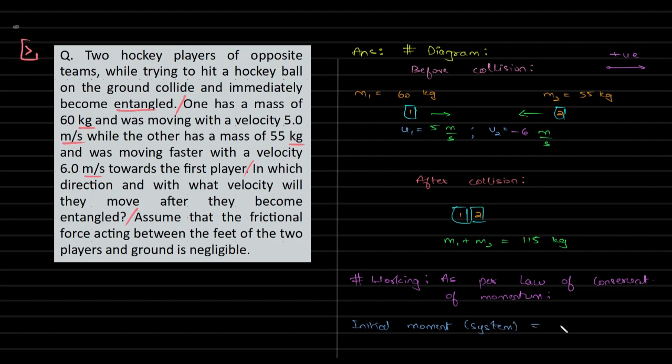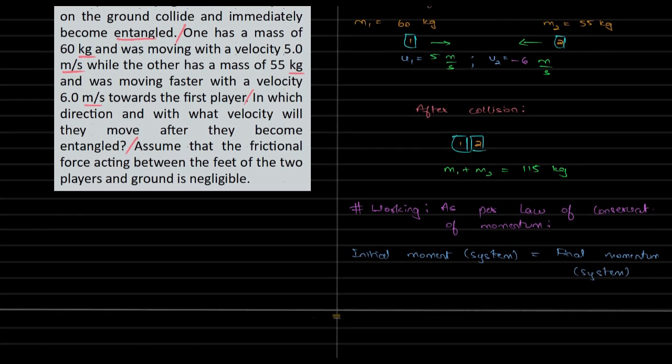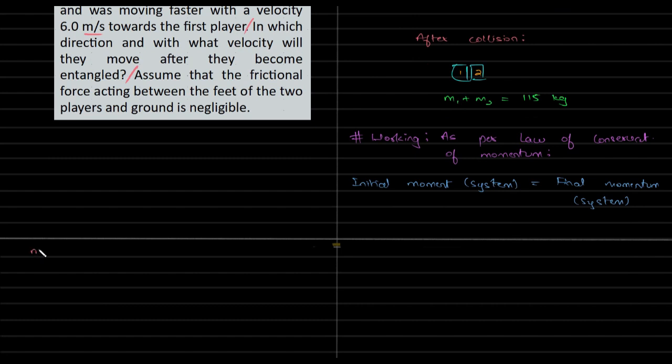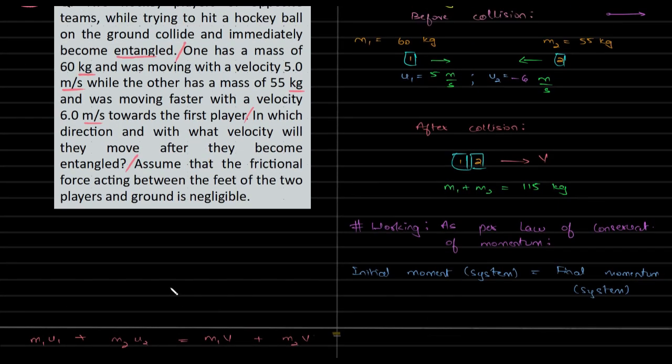Two people, is equal to final momentum of the system. Okay. So we have two terms on the left hand side, M1 U1 plus M2 U2, which is equal to M1 V plus M2 V. So V can be positive, if not negative, we don't know. We are yet to discover it.